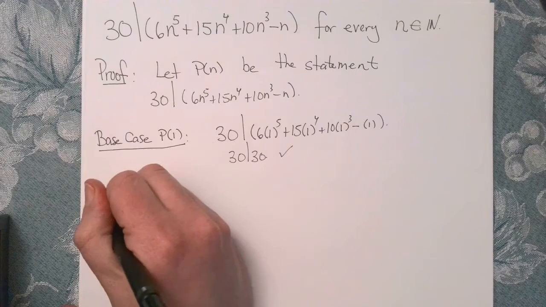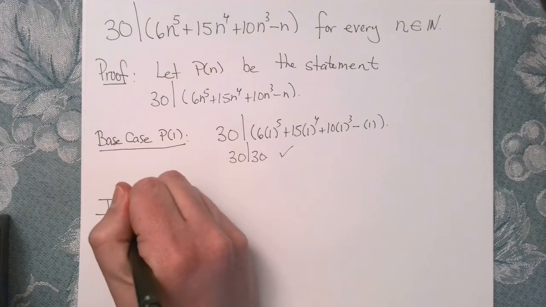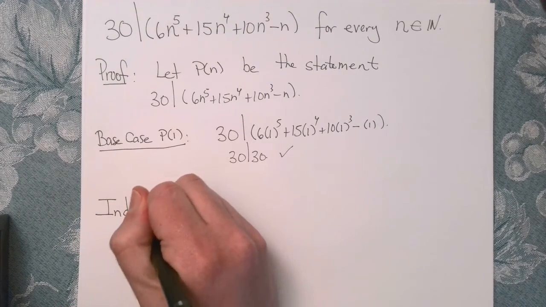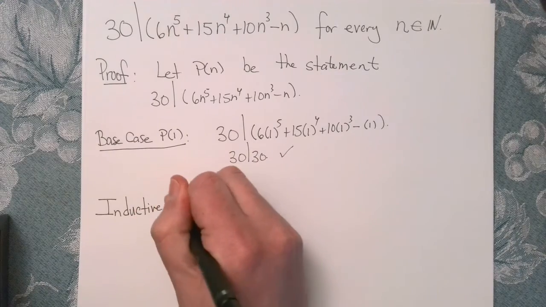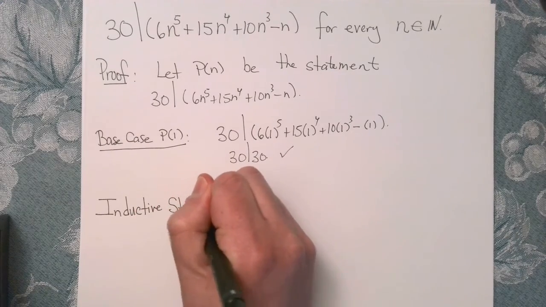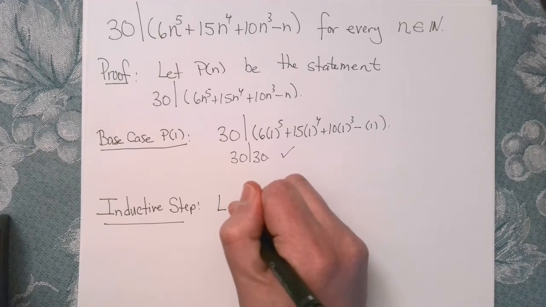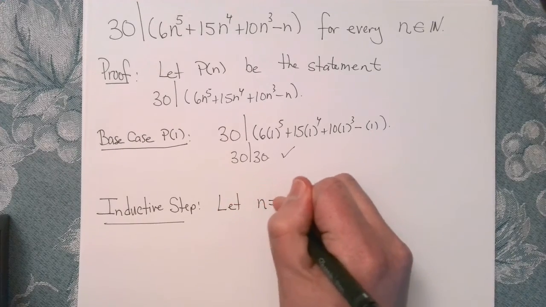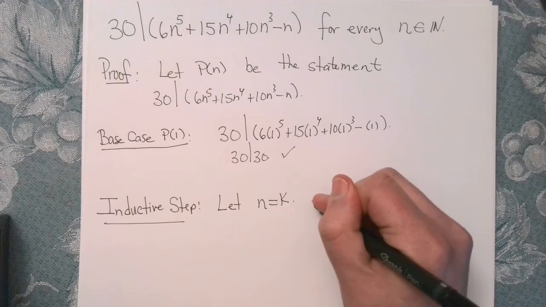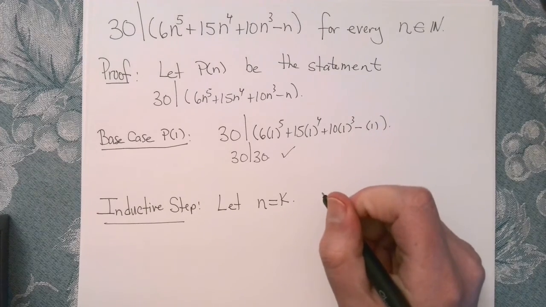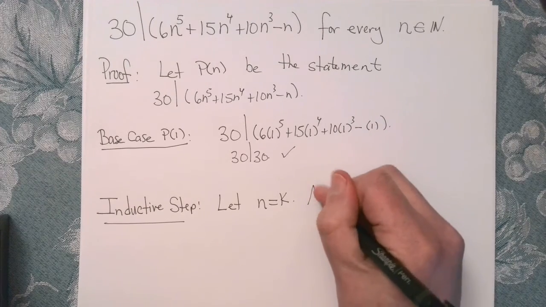So now for the inductive step. We're going to let n equal some fixed k, and we want to assume that the statement p of k is a true statement.